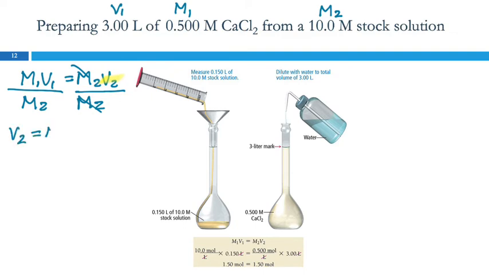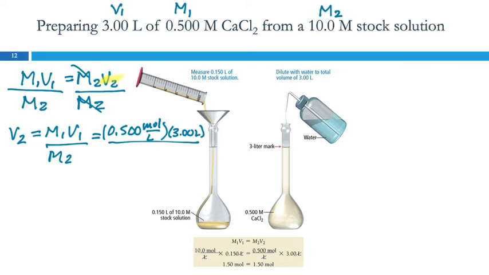V2 equals M1V1 over M2. Well, M1 is 0.5, and volume 1 is 3 liters, and that's going to be divided by molarity 2.